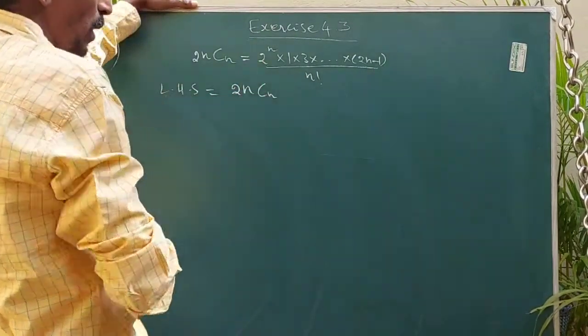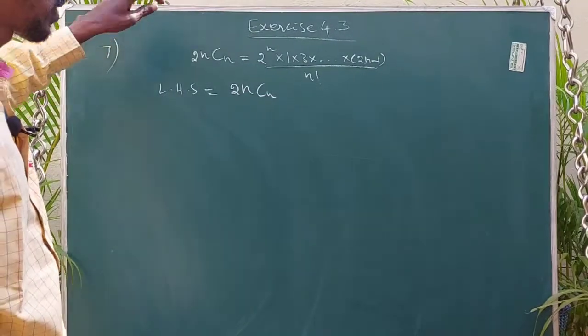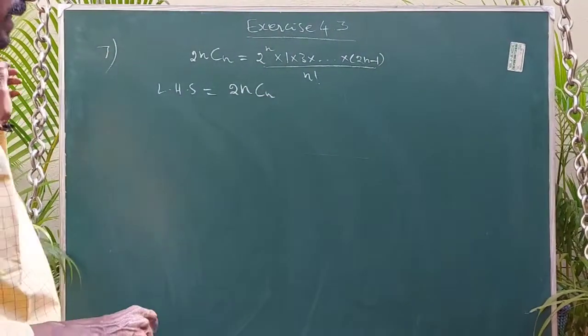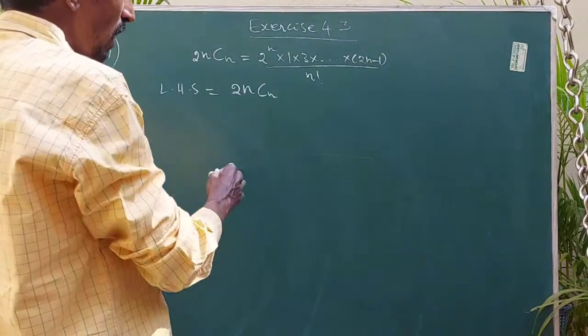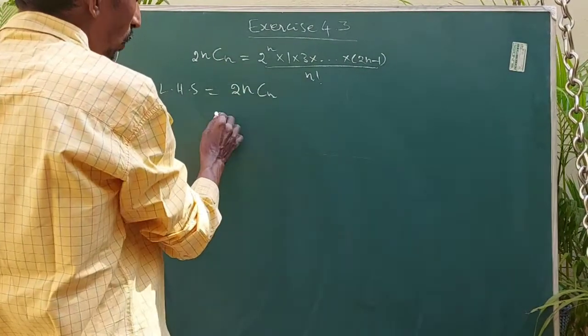2nCn. We know the formula nCr is equal to n factorial by n minus r factorial into r factorial. Here put n equal to 2n, r equal to n.